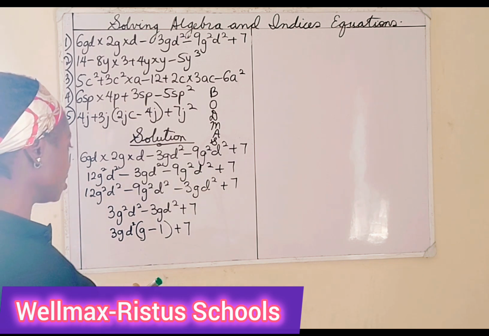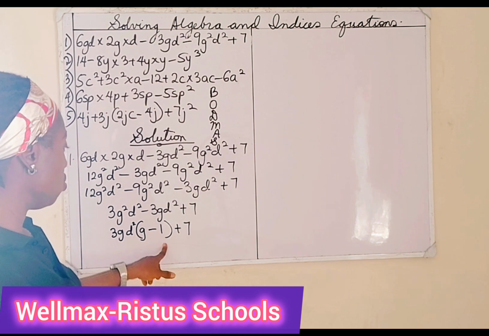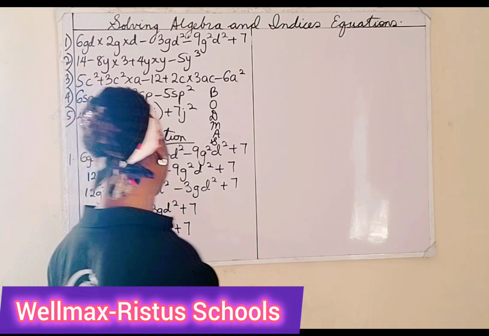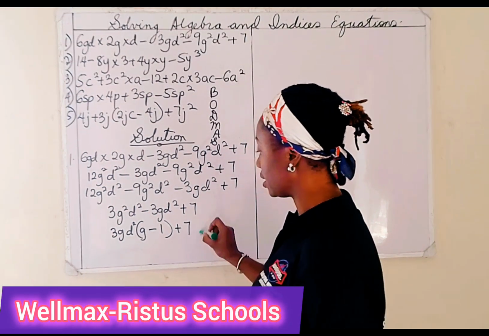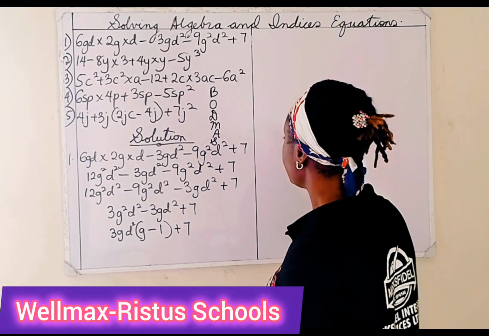So we can either leave our answer like this or like this, because by the time we expand these brackets, we are going to still arrive at this same answer. They are both correct. Okay?